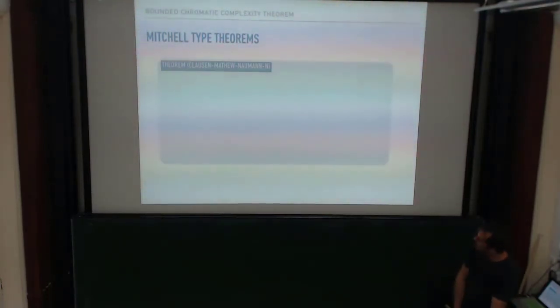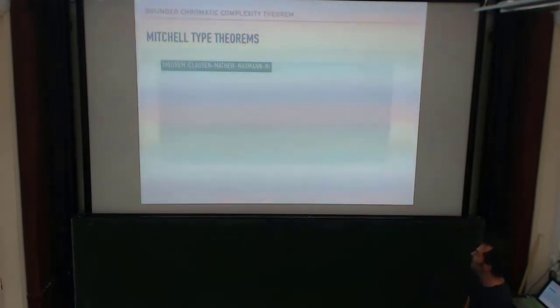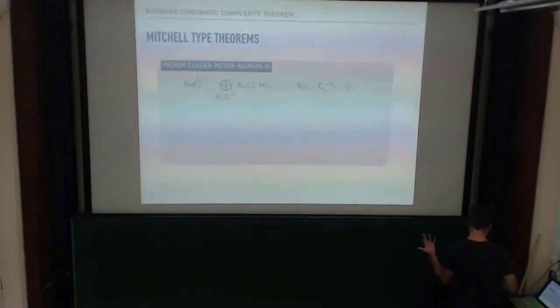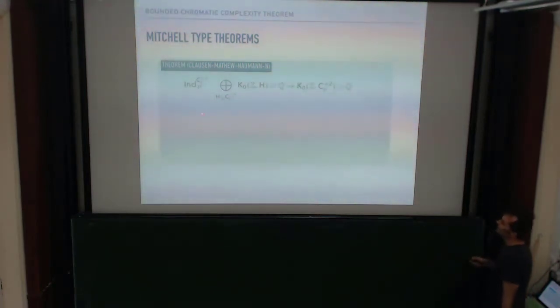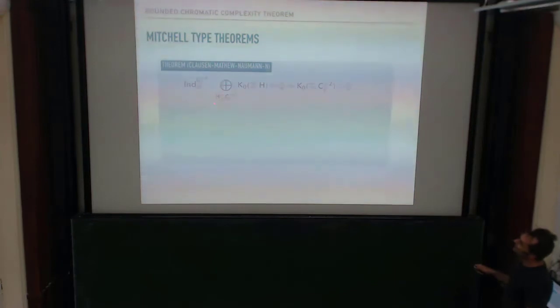We can only do this in some special cases, but for example, if we take the integers and we look at G representations, we take the cyclic elementary abelian group of order p squared, then we get a surjection involving these proper subgroups for every prime.